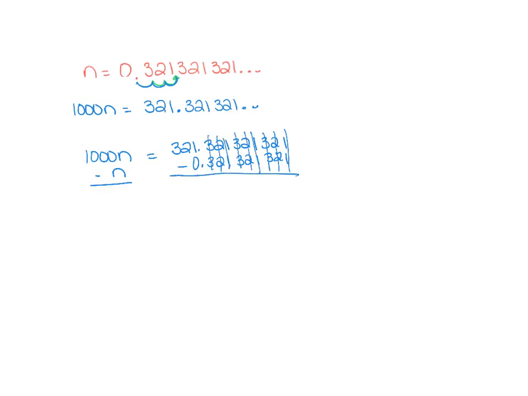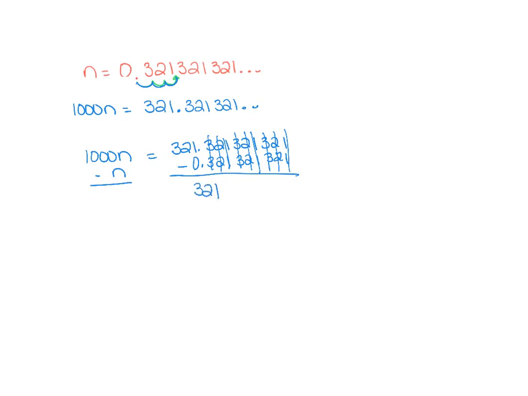That is, if I took 1,000 times my number minus my number, that would be the same thing as 321.321 repeating minus my number, which is 0.321 repeating. Again, all my decimal places, when I subtract them, are going to make 0. So I'm left with 321 minus 0, which is just 321.